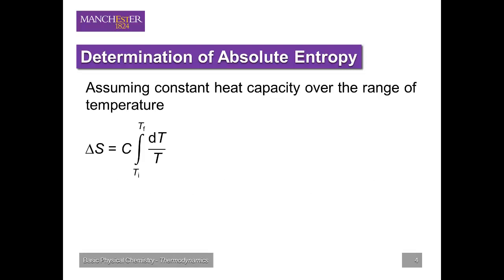If we assume that the heat capacity is constant over the range of temperature, then we can bring the heat capacity outside the integral. The integral of dx over x is a standard integral and is equal to log x plus c. Thus, the integral of dT over T is log T. Putting the limits in gives us delta S equals C multiplied by log Tf minus log Ti.